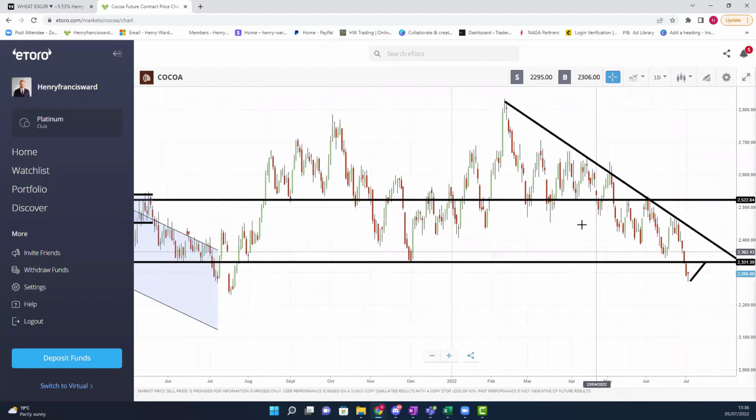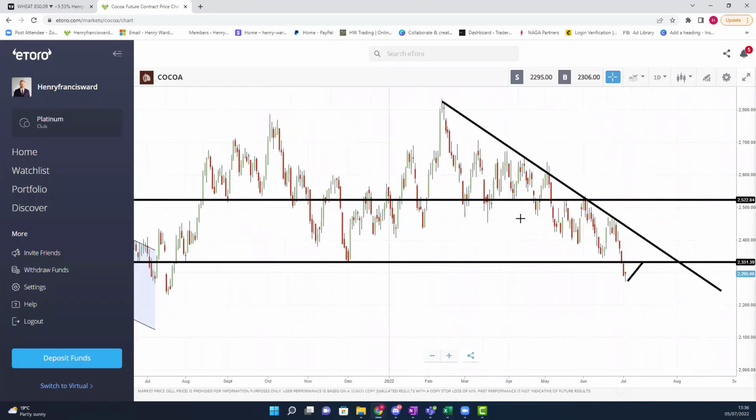Okay, so for me, the level that is stronger is the horizontal. And why it's stronger is because we've had two really recent touches here. But I can see it coming back to this trend line as well. I would place an order. I wouldn't be having a really tight stop loss.